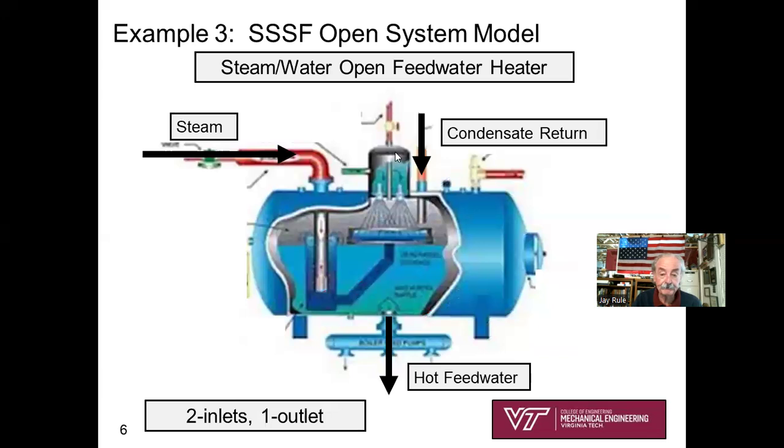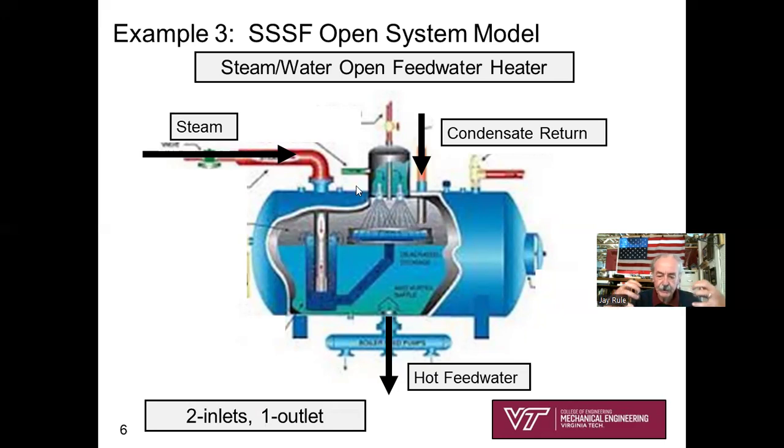Classic steam turbine. Now, this is a real honest to goodness what we call open feed water heater from a power plant, which has 2 inlets and 1 outlet. Without giving you the details about the purpose of this vessel, do recognize that I've got 2 inlets. I've got a condensate return from some place in the power plant. So this is water coming in, and our objective is to heat the water, and we heat it with steam coming in.